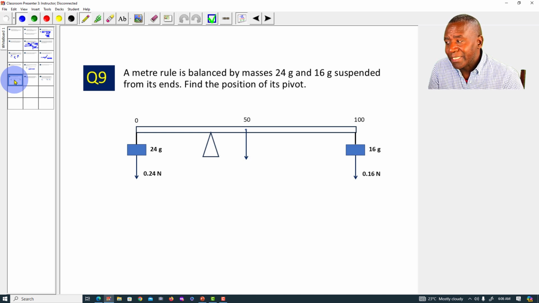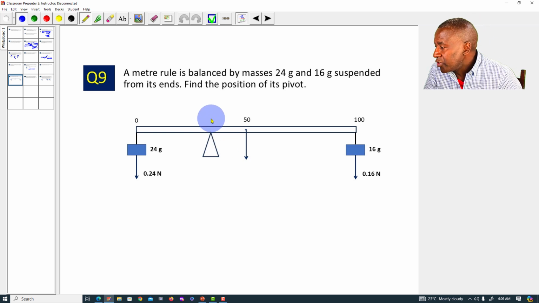Once you put the pivot, of course you will have to realize that if this is the 50 centimeter mark, the pivot must be nearer the 0.24 Newton weight as compared to this one here. The pivot has got to be nearer that particular point.